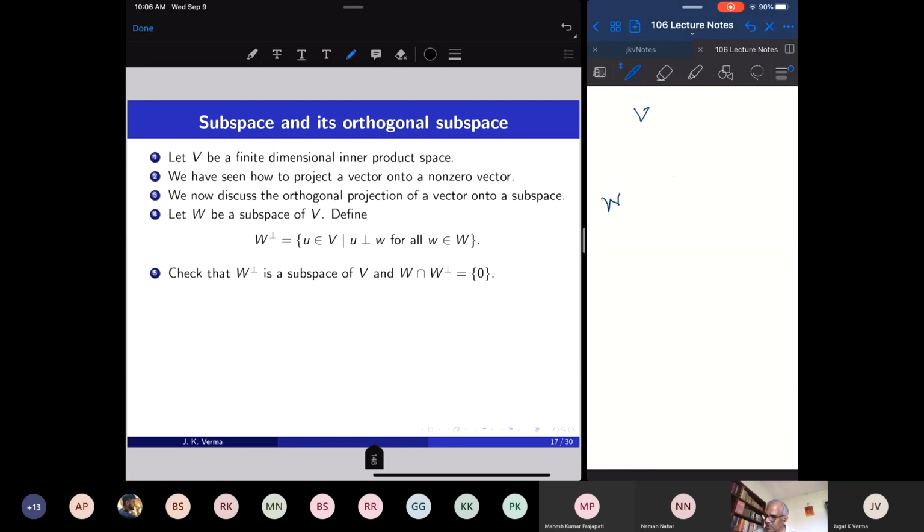I start with W and look at W perp. This is again a subspace of V. What is W perp? W perp is all vectors that are perpendicular to every vector in W.